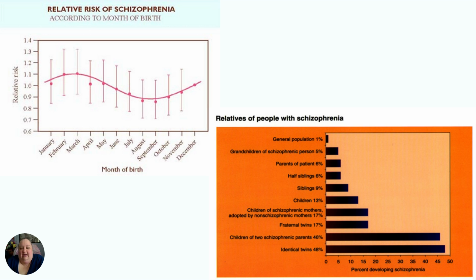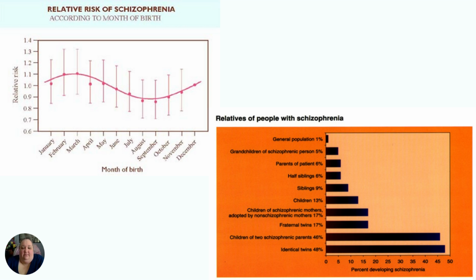So, relatives of schizophrenics: in the general population, it's about 1%. It goes up as the relation gets closer. Half siblings, about 6%. Then you have children with schizophrenic mothers. Again, it increases as you have more family members that have it. Fraternal twins, about 17%.